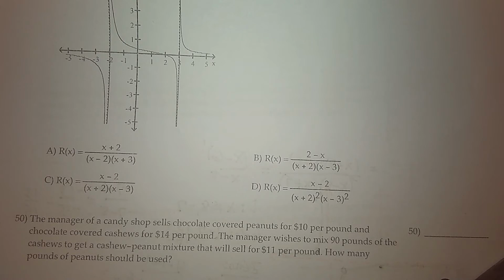Now we're left with B or C. What's the only difference between B or C? One says x subtract 2, and the other says 2 subtract x. Do you see the graph on the right side? Is it above or below the x-axis on the right? Above. Which means that as you put in large numbers for x, the answer is positive.